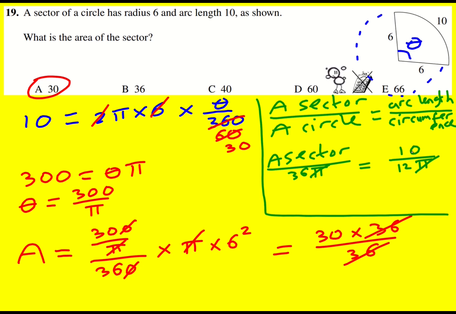The 10 over 12 will just become 5 over 6. And so the area of the sector will be 5 over 6 times 36. 6 into 36 goes 6, so it's 5 times 6, and it's 30. Really nice approach, which is much shorter and didn't involve all these fractions.